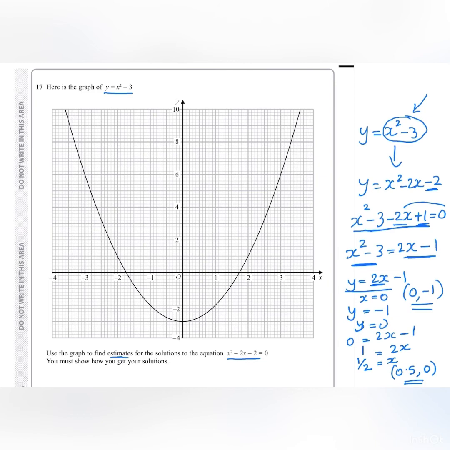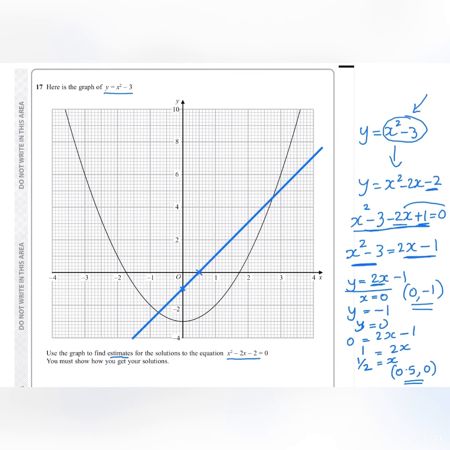Okay, so 0 and minus 1 is a point over here, and then 0.5 and 0 is this point here, and I'm just going to draw a line through these points. And then again using a ruler, extend your line so it is a nice straight line.